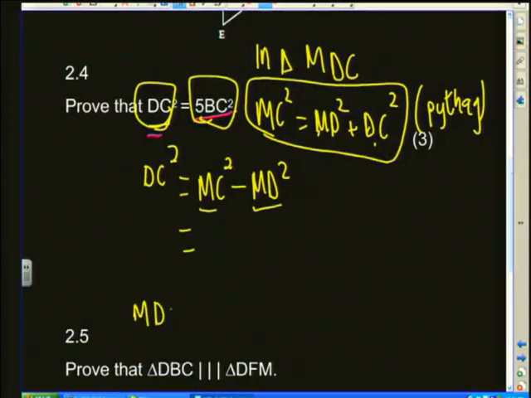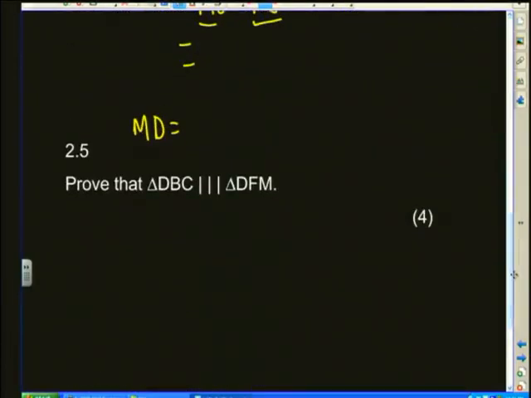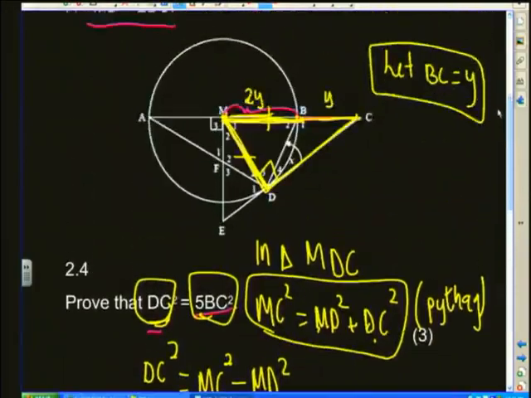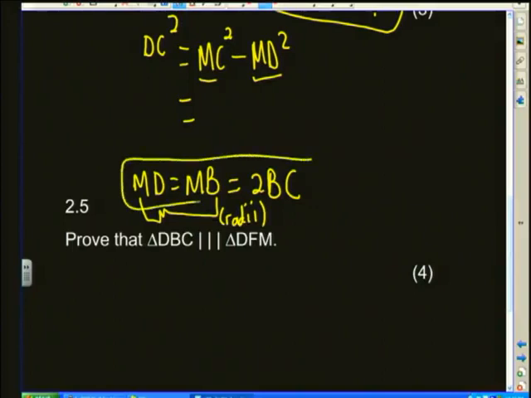MD is equal to MB because these were radii, and that was also given that that was equal to 2 times BC. MB was 2 times BC because that was given to you in the beginning. The reason we're stating that MD is equal to MB is because those were radii. So MD is equal to MB is equal to 2BC, and that's how I'm going to get rid of the MD part of this equation.